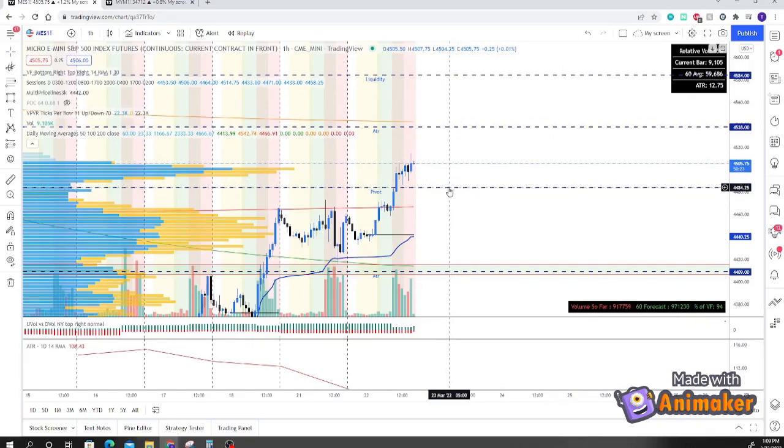This is just talking about index futures specifically, but usually we'll chop around due to low liquidity. We'll come down and we'll just barely bounce off that pivot. So it's usually good for 10 to 20 points overnight. So just something to keep in mind.